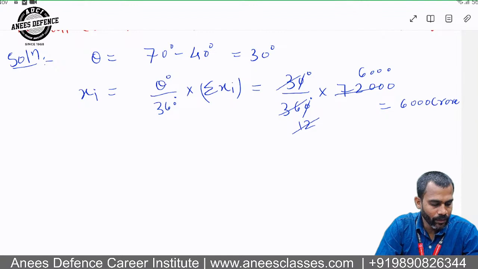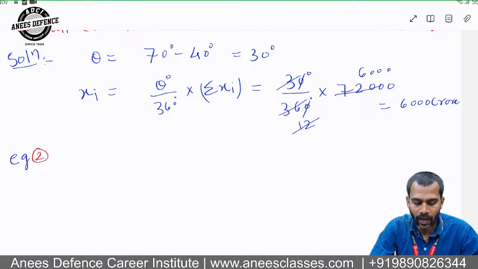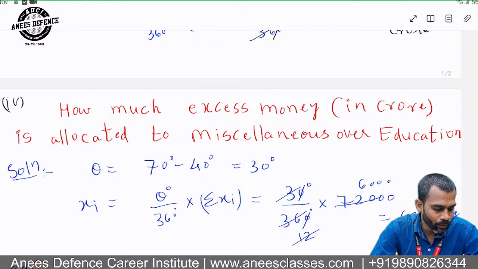Next, example number 2 for today. So that was the first question, and we had 4 subparts. Shall we move to the next question?